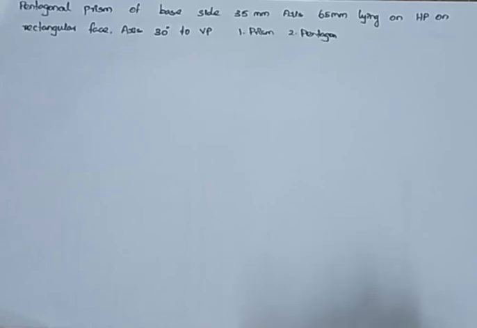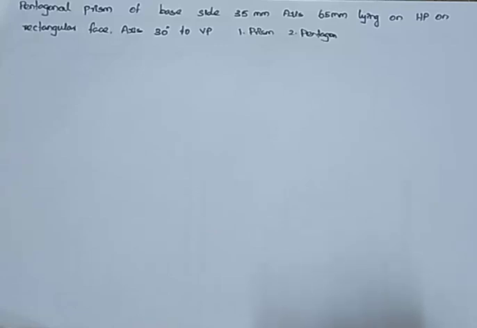I already explained in the video itself that if the axis makes 30 degree to VP, then you can assume that the axis is perpendicular to VP. And again, a small reminder is the axis and the rectangular face and the longer edge are parallel.